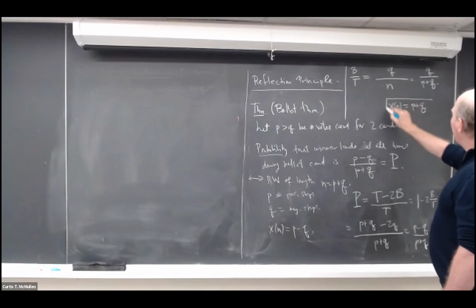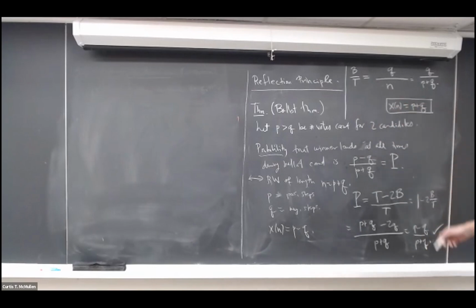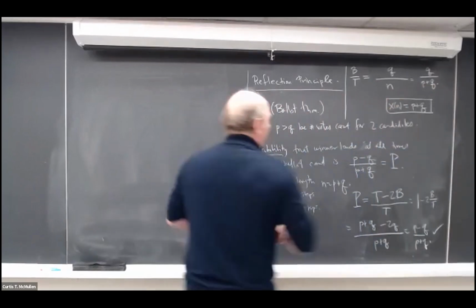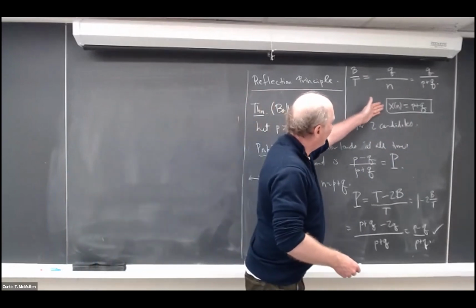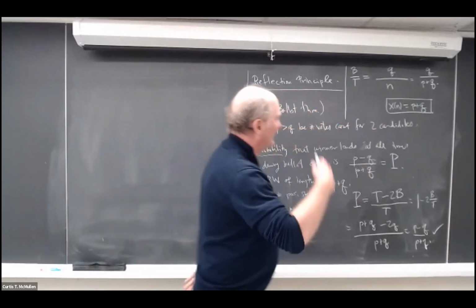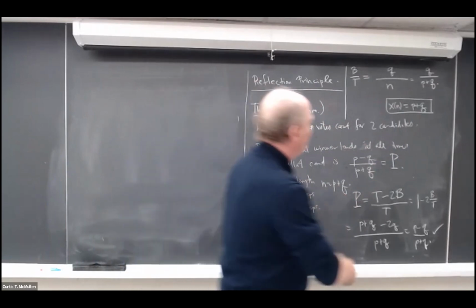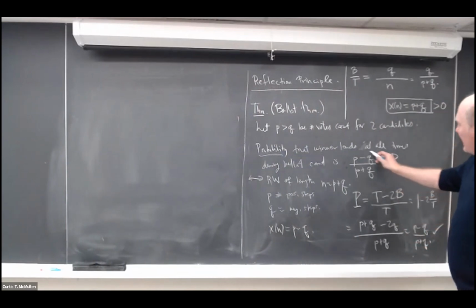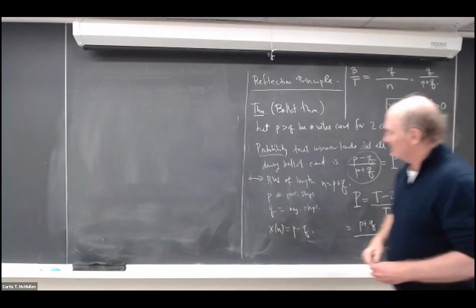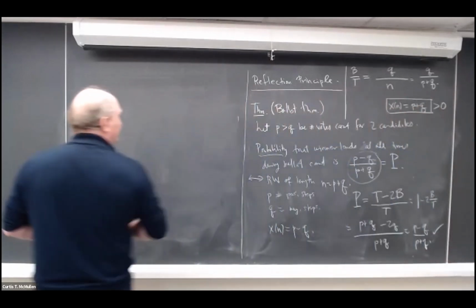We know that x_n is p plus q, and then the question is, what's the probability, given that we know where the endpoint is, that the random walk is positive for all time. So if the endpoint is positive, the probability the walk is positive for all time is given by this ratio here.